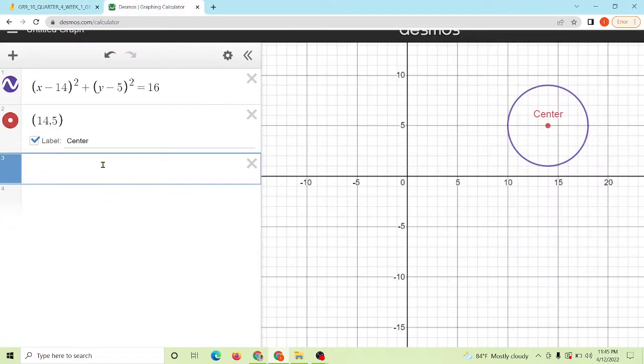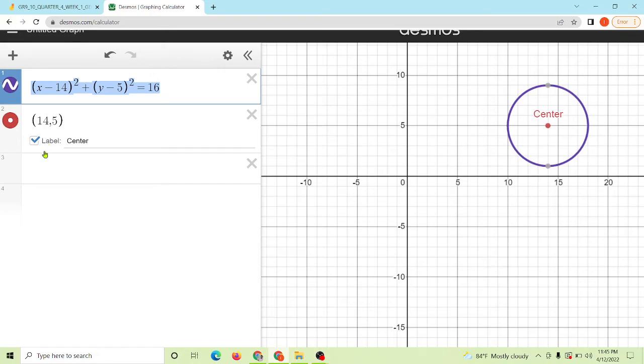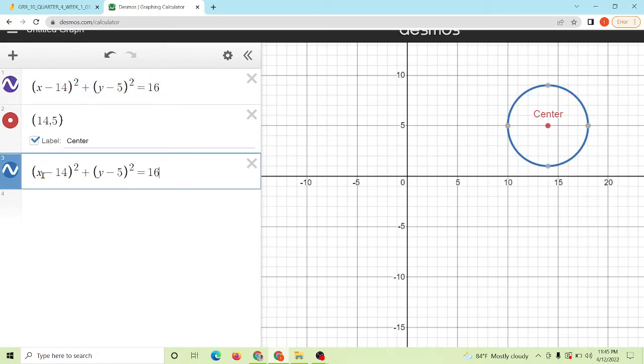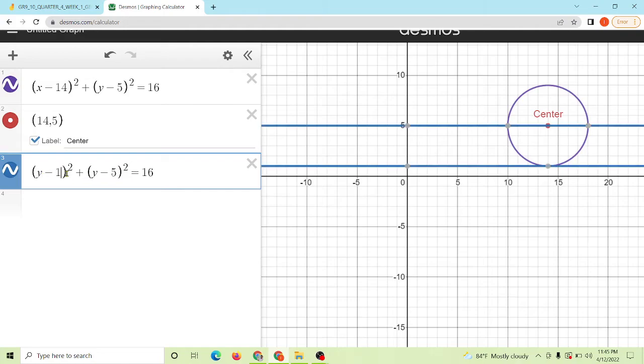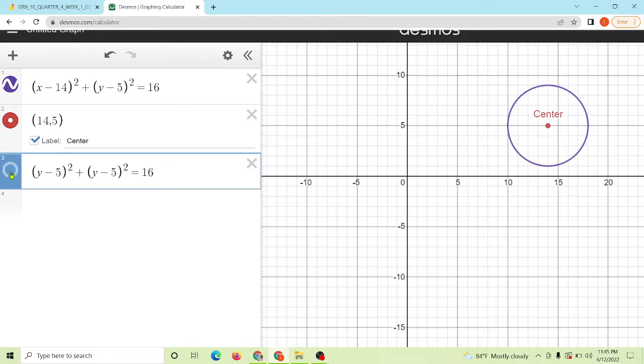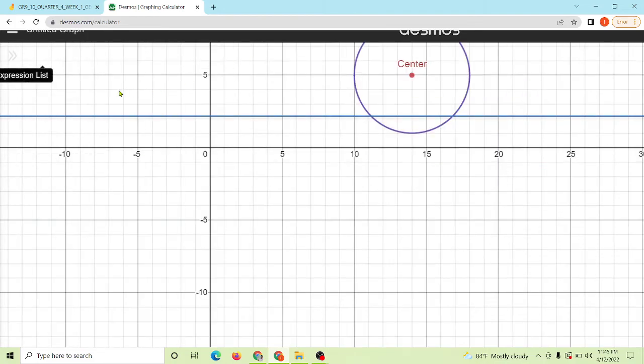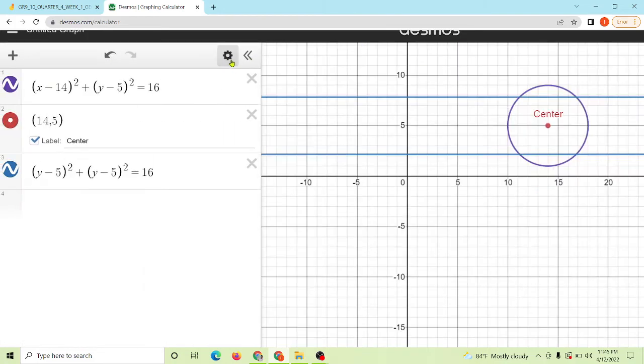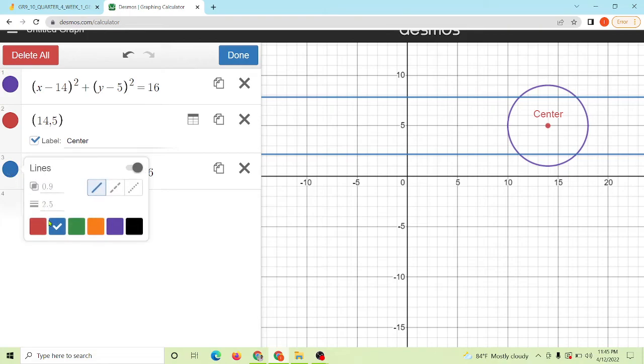Now, you can see this circle is in purple. Now I'm just going to do the other one. So let me just copy and paste this quickly. Change that to y, and let's make that 5. Now let's make it appear in red so that you can see.